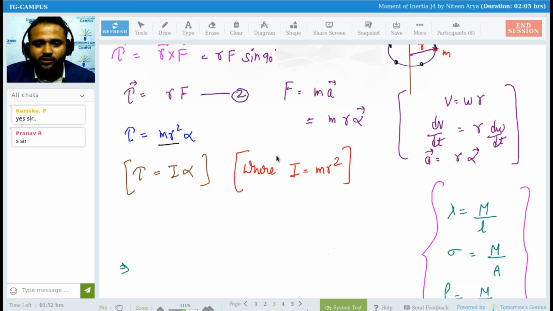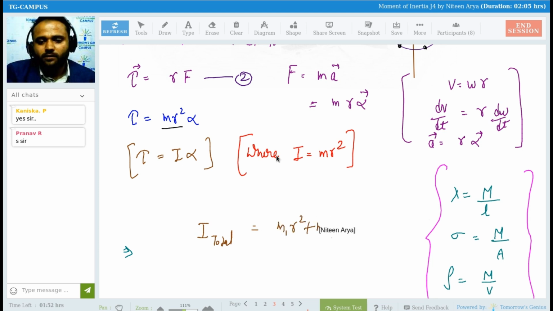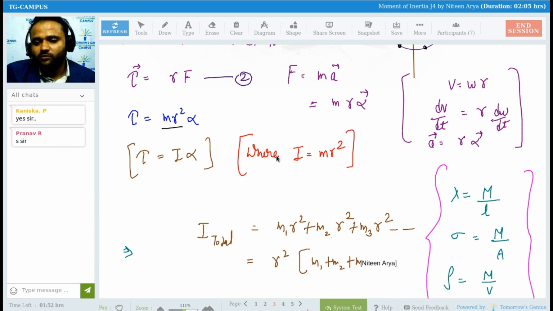Here r is constant, so for the total moment of inertia it is m1 r square plus m2 r square plus m3 r square, and so on. So we can take r square common: r square times m1 plus m2 plus m3 and so on.